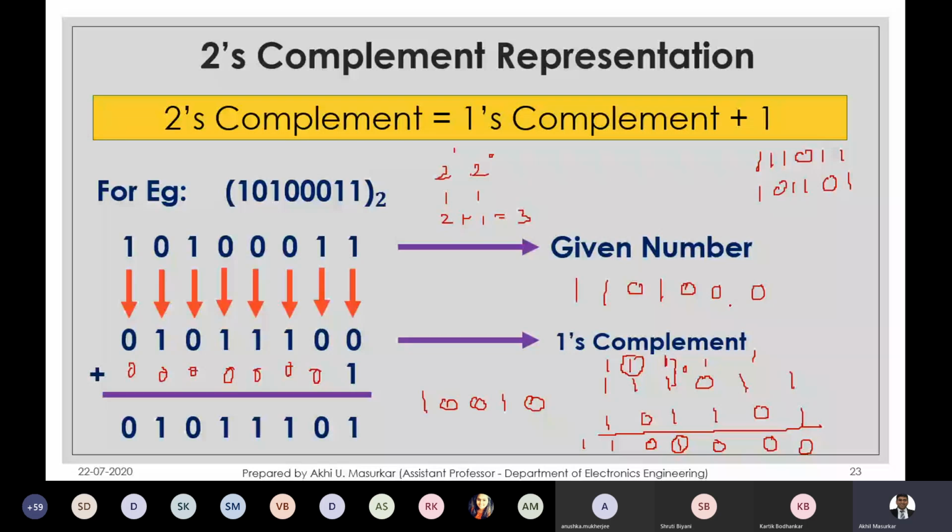Excuse me, sir. Yes. So this is Gaurav Kumar. Can you explain this triple ones thing once more? Okay. I'll just create some space to type.